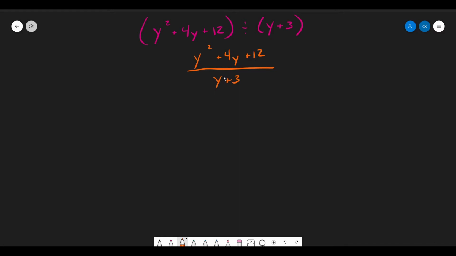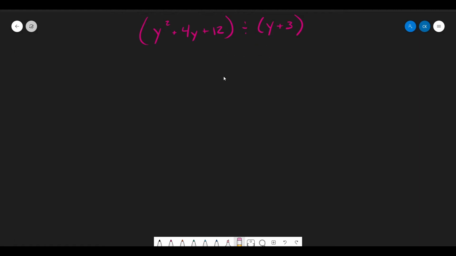I can't factor that top one, right? Because the only numbers that multiply to get 12 are 1 and 12, 2 and 6, or 3 and 4. And none of them add to be 4, so that top trinomial is a prime trinomial. But unfortunately, I can't just leave it like this. I can't say, well, I'm done, that's my answer.